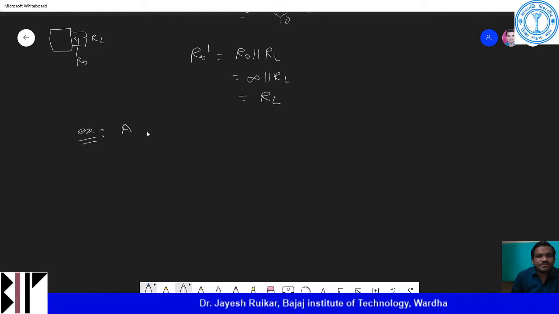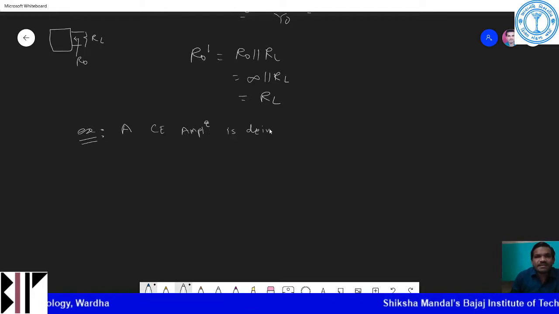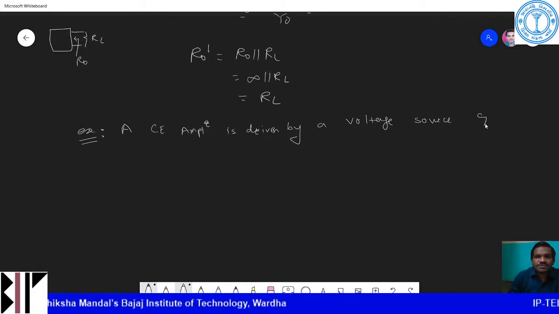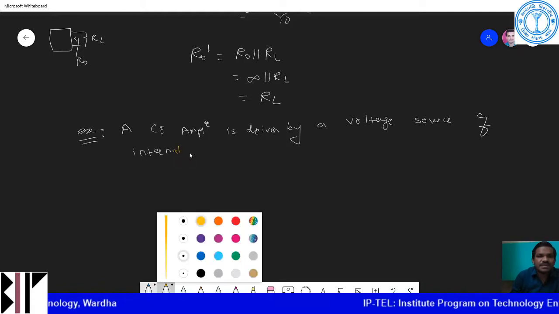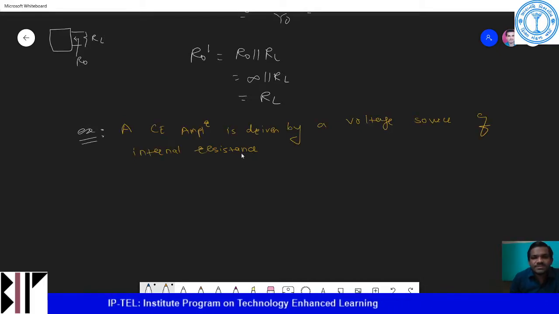So if you can note down: a common emitter amplifier is driven by a voltage source of internal resistance, so RS has been given.